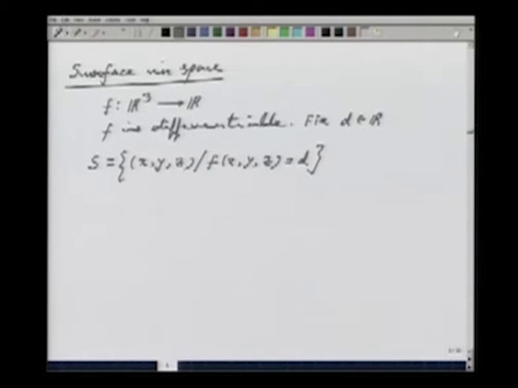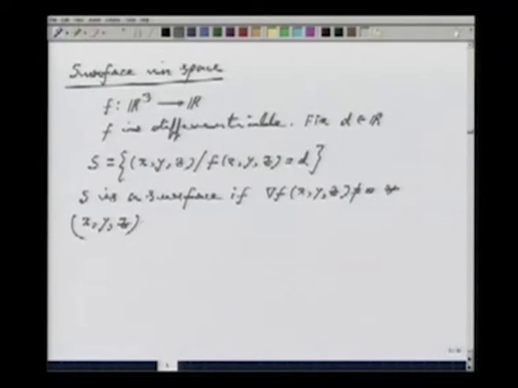I call S a surface if grad f at (x, y, z) is not equal to 0 for all (x, y, z) in S. So what is a surface then?